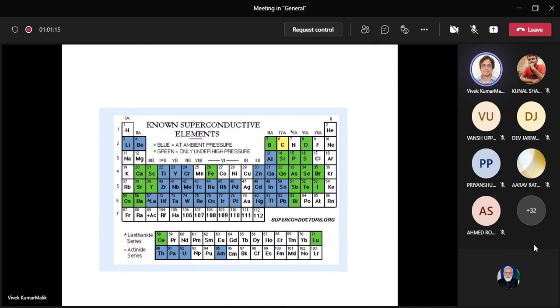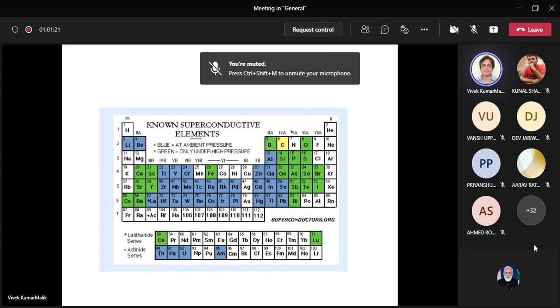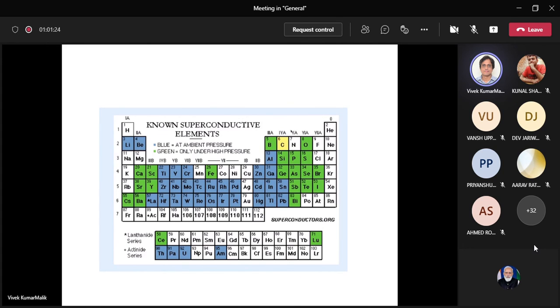Again, you can find another interesting thing. Although iron is an exception, cobalt, nickel, and iron are three magnetic materials. Cobalt and nickel, even iron in ambient conditions, do not become superconductors.